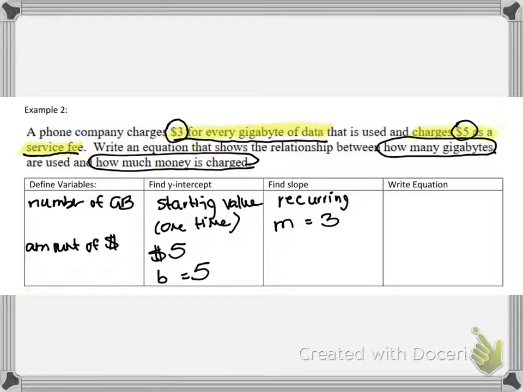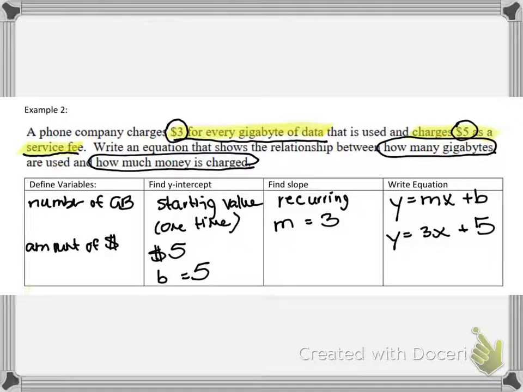Okay? So we have y equals mx plus b, and we can plug in 3 for our m, and we can plug in 5 for our y-intercept. So now we need to go back and figure out, okay, well, what is x telling us and what is y telling us?